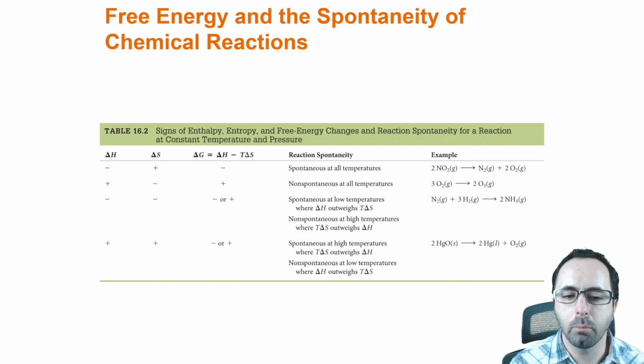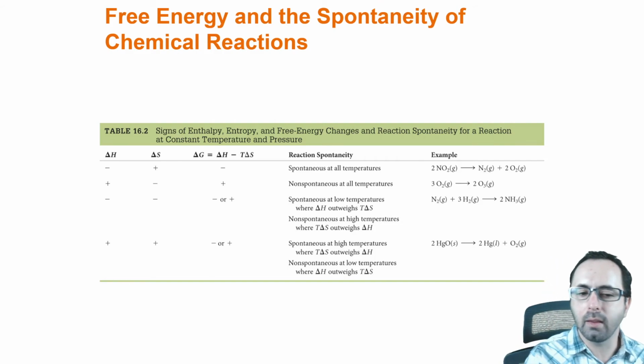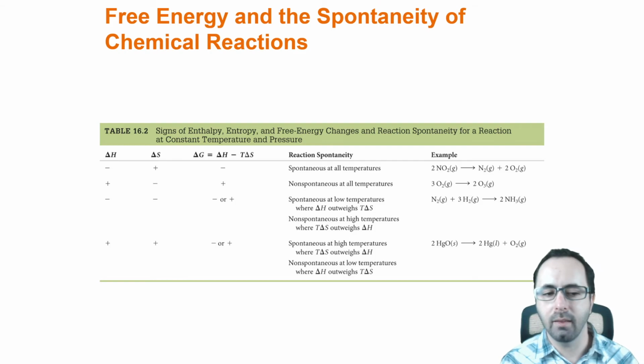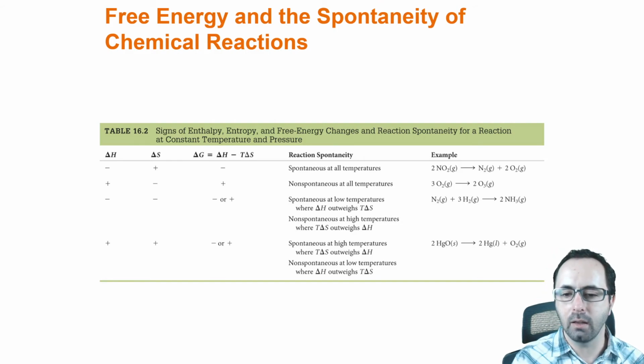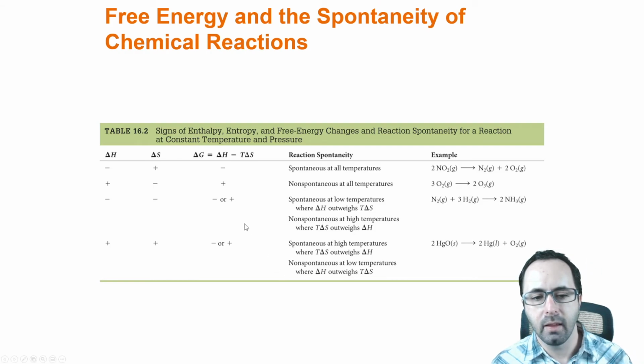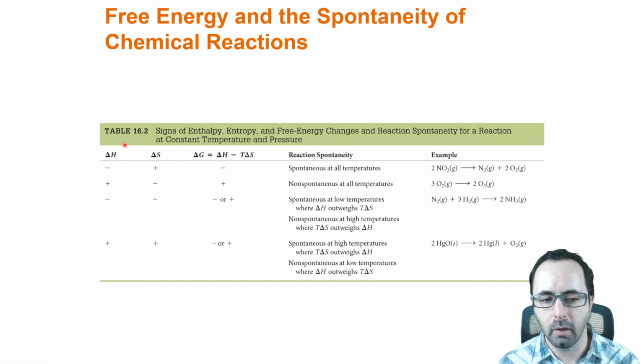And so now we can break this down also in terms of what delta H is and what delta S is. Based on whether they're negative or positive, we can decide whether delta G is negative or positive, and thus whether the reaction is spontaneous or not. If delta H is negative, an exothermic reaction, that favors spontaneity.